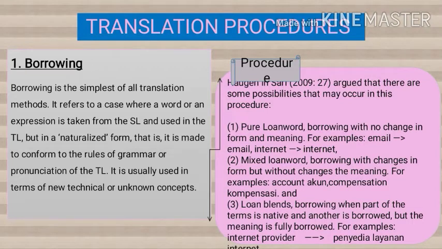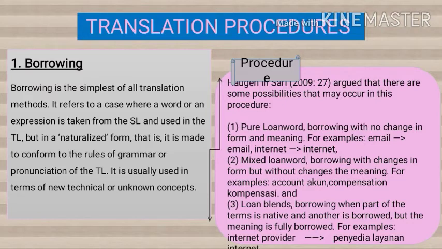Translation procedure. Borrowing. Borrowing is the symbol of translation method. It refers to a case where a word or an expression is taken from the SO and use the TO, but in a naturalized form, that is, it is meant to conform to the rules of grammar or pronunciation of the TO.